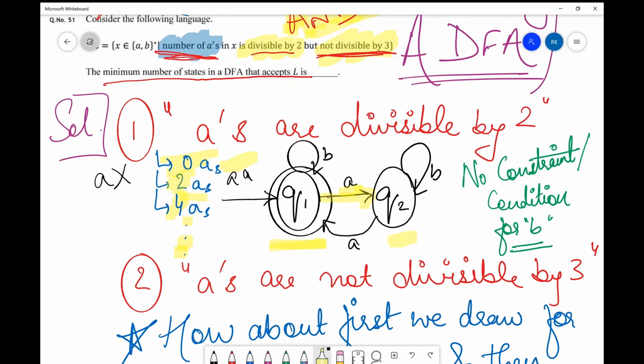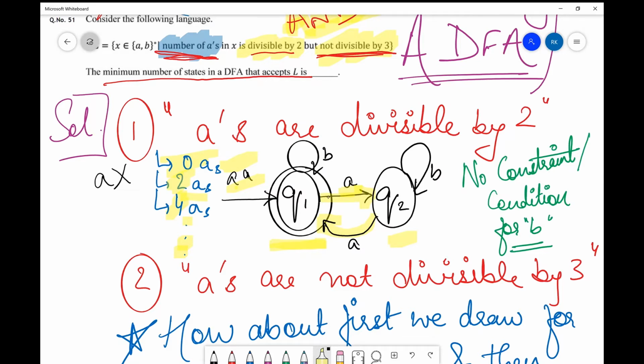That is why I drew another state, Q2, which is not the final state. Now I need to get AA accepted. If I draw this line from here to here with the input A, what will happen? All the strings with multiples of 2 A's will start getting accepted by this DFA.